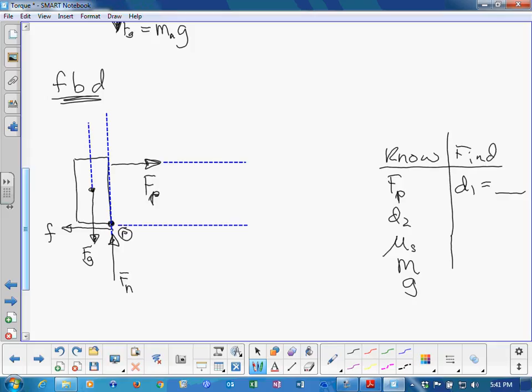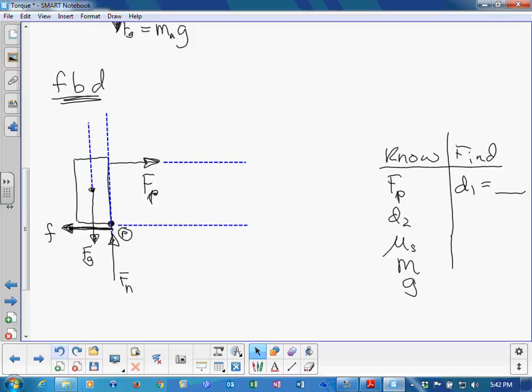The friction force would be exerted along this direction here. Then the pulling force we can apply wherever we like. The pulling force could be applied at any point here. We'll just put it at some general point right there.